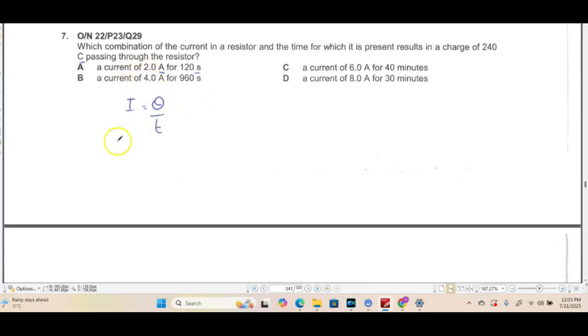So you have 2 amperes and you have to multiply it by 120, that is the time, to get your answer. This gives you 240 coulombs. So our work is already done with the first option. If not, we would have solved all of these to know which was the correct option. The first option has given us the right answer, so A is our correct option.